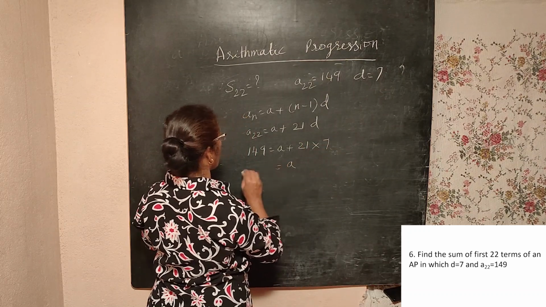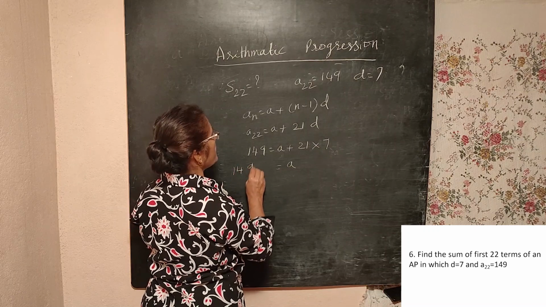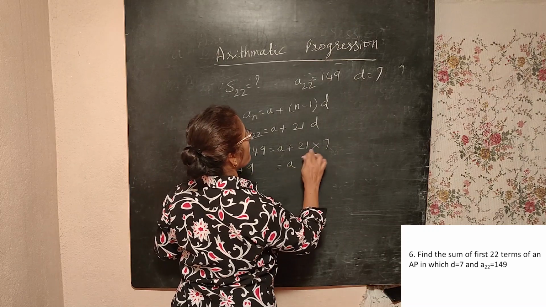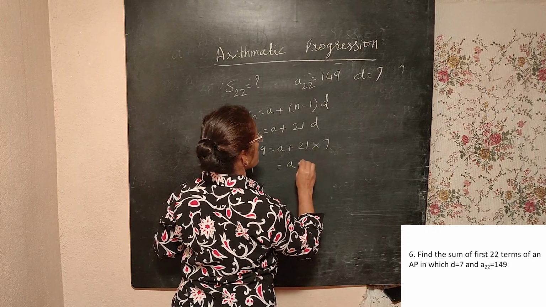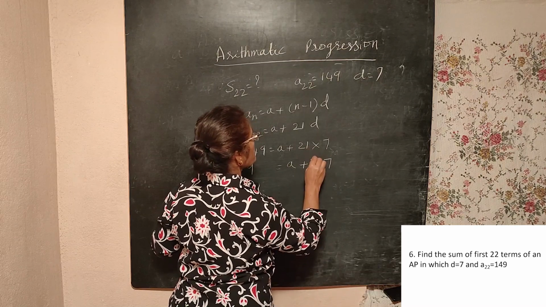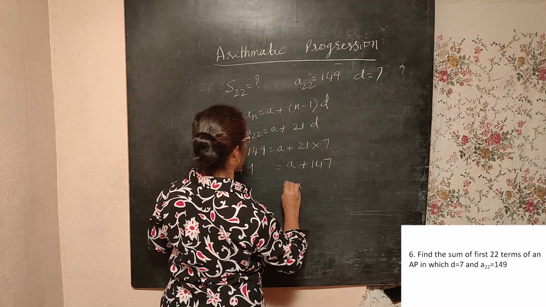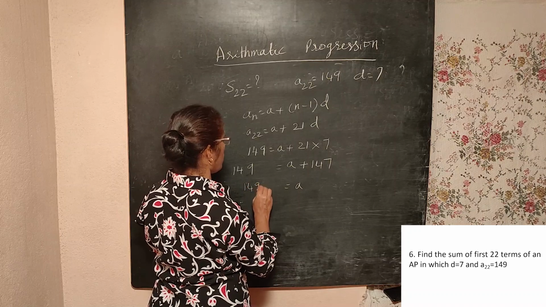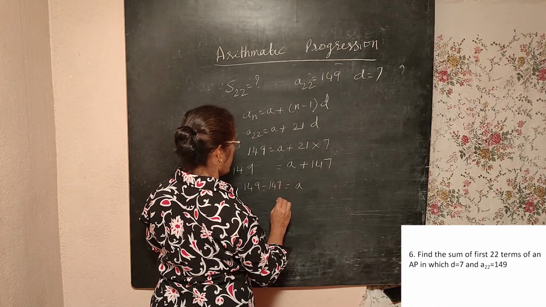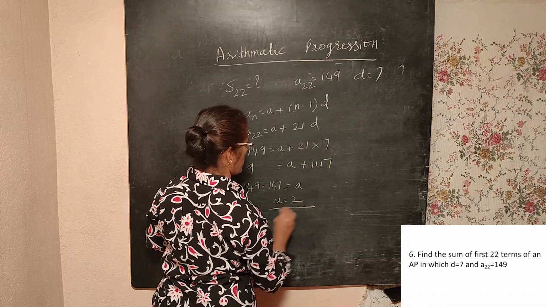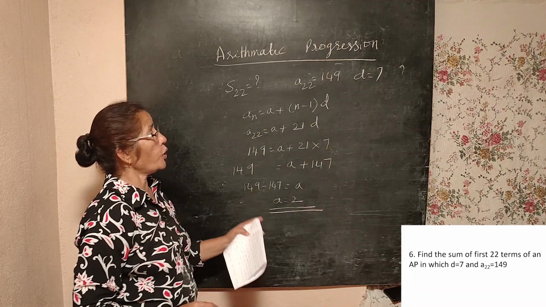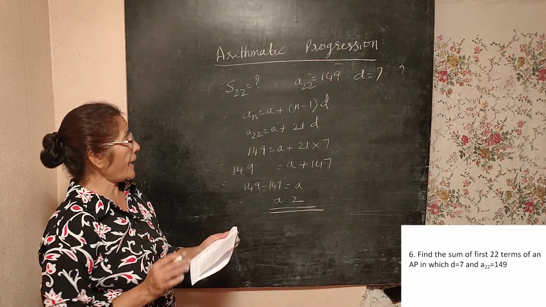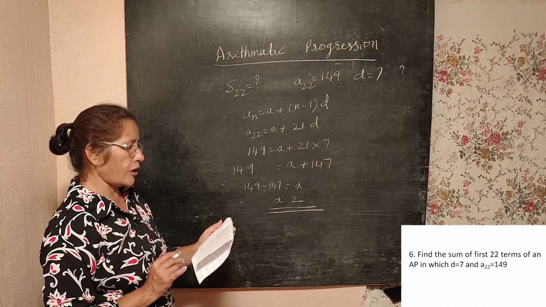So A is equal to 149 minus 21 sevens. 21 sevens are 147. So A is equal to 149 minus 147, A is equal to 2. That is your answer for A.